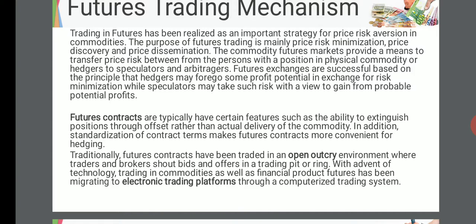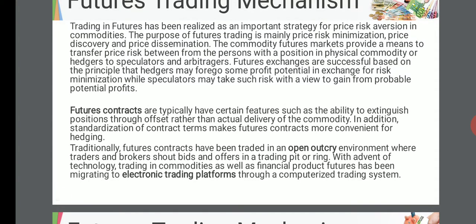Futures contracts typically have certain features such as the ability to extinguish positions through offset rather than actual delivery of the commodity. In addition, standardization of the contract terms makes futures contracts more convenient for hedging.